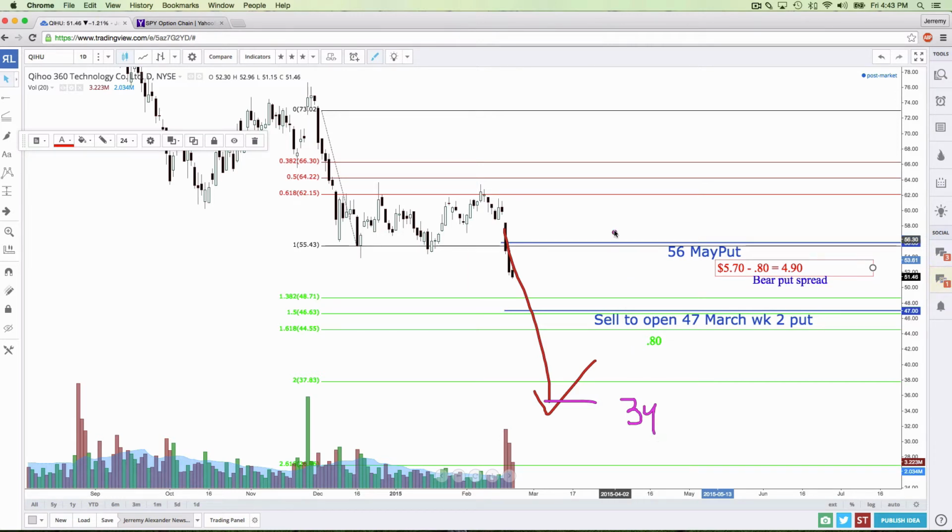In fact, he makes about $9. His investment was $4.90 after the 80 cents that he brought in. Therefore, his profit is approximately 100% ROI, because his option would be worth about $9, which is the difference between 56 and 47.